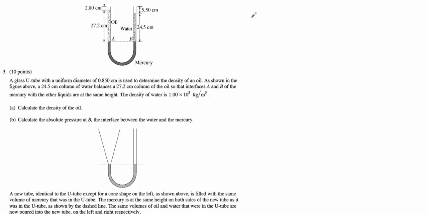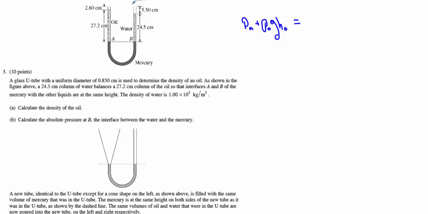So if we are being very careful, the pressure on the left side is the atmospheric pressure, because it's open, plus the pressure of the fluid itself, which is rho g h, and on the left side that fluid is oil. I don't need to worry about the mercury because I'm going to treat this dashed line as the bottom point. And so then that equals the pressure on the right side.